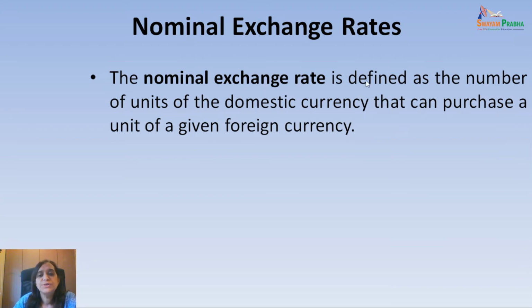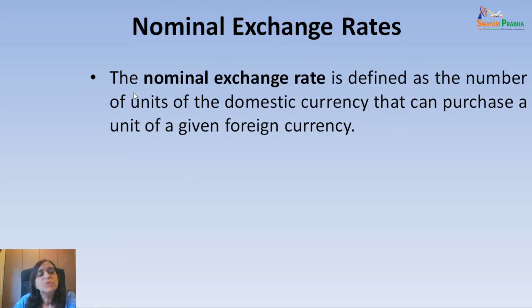Nominal exchange rate is defined as the number of units of the domestic currency that can purchase a unit of a given foreign currency. That is, if you want to buy 1 unit of any foreign currency, how many units of domestic currency we have to give is called the nominal exchange rate.